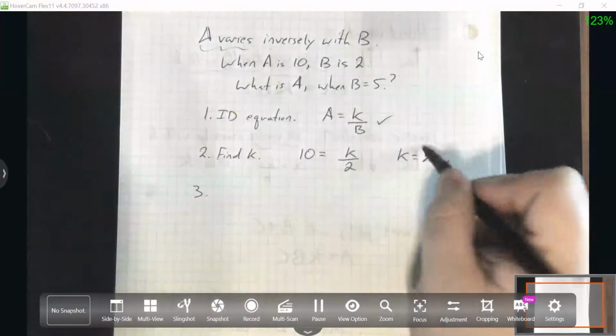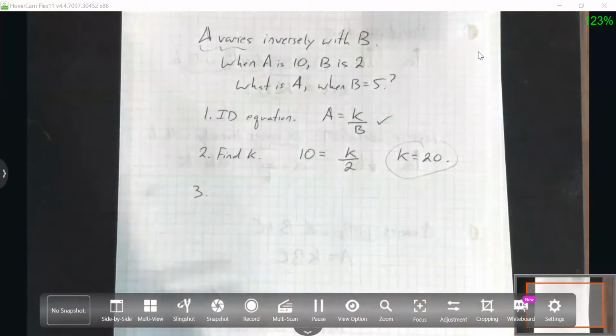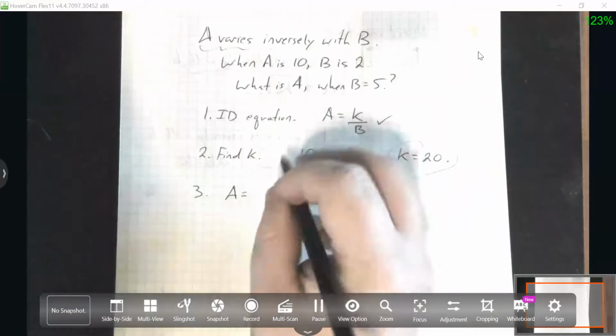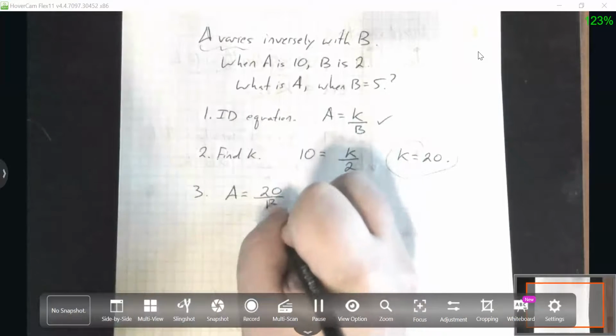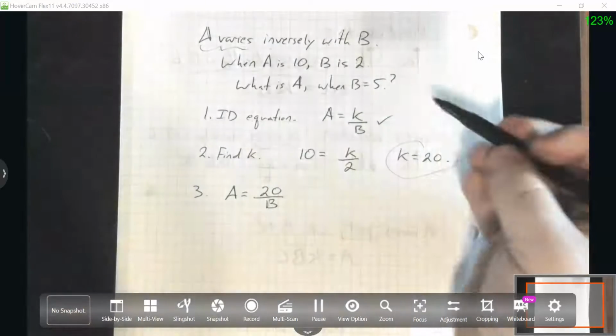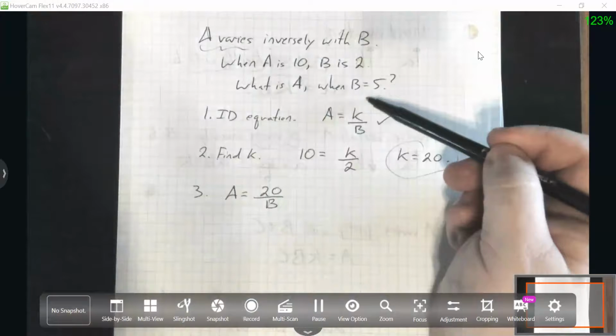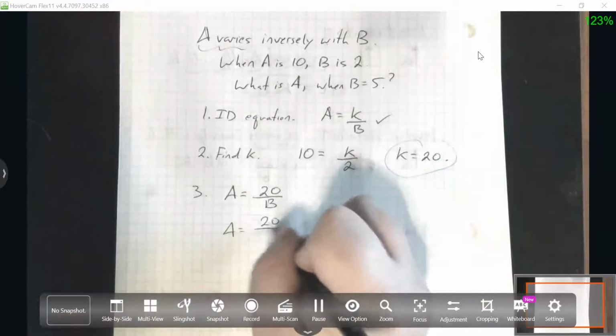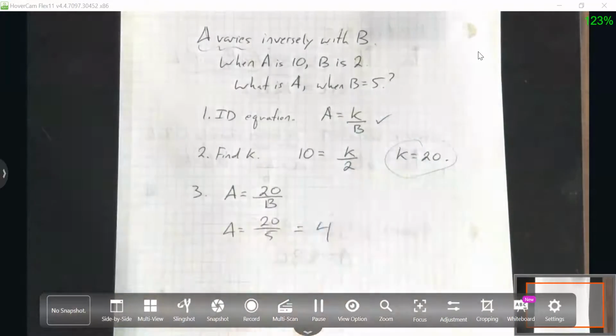So now I can use that K is equal to 20 in our overall formula. So our basic formula is A equals 20 over B. And now I can plug in for the final step. So what is A when B is 5? So we can plug in B is 5. So we get A equals 20 over 5, which is 4.